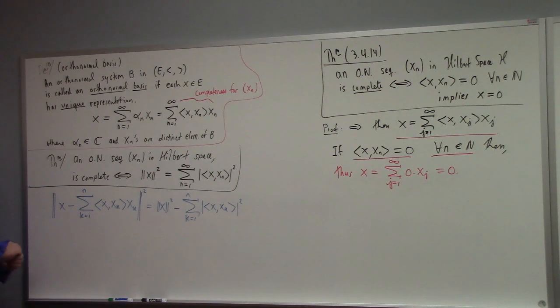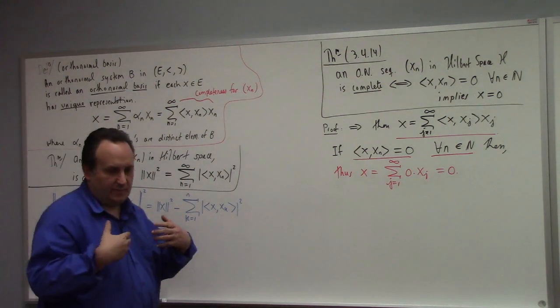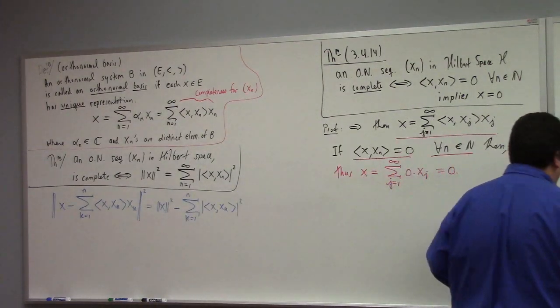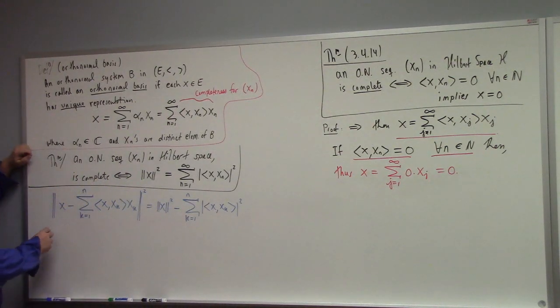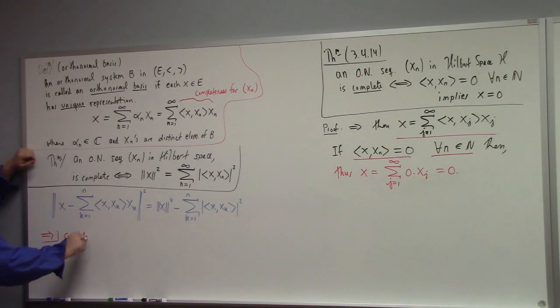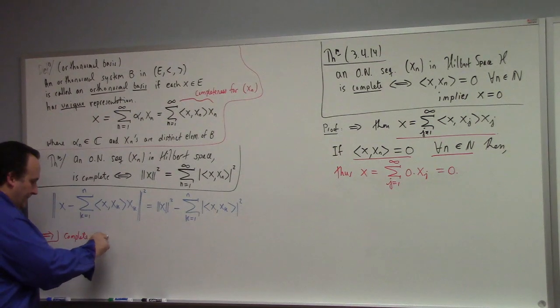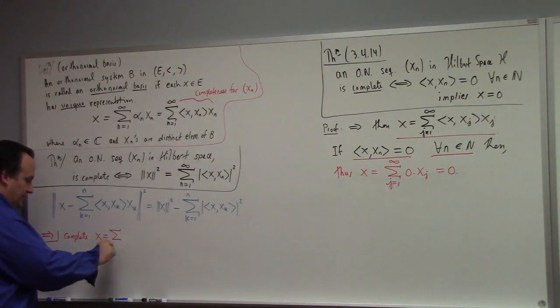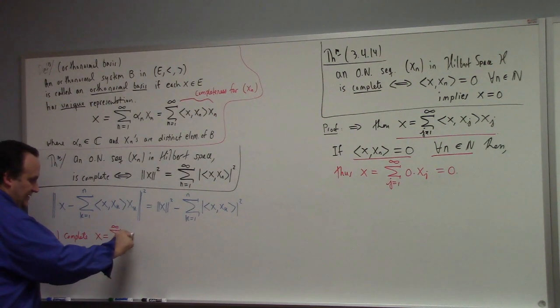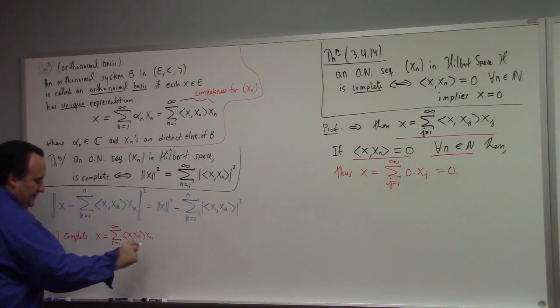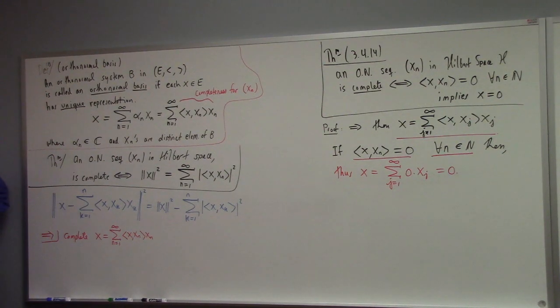So the forward implication. Suppose you have completeness. What does that mean? In a Hilbert space, complete means x can be expressed as x is equal to the sum, n equals 1 to infinity, of the inner product of x with xn times xn. So x can be represented by the inner product of the sequence with itself times the sequence.